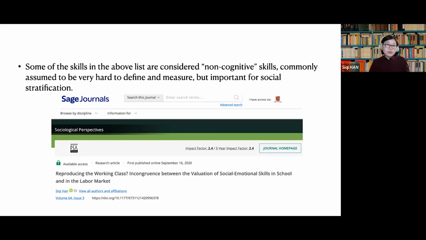Because what the teachers believe are important may not be the same skills that the employers believe are important. So this discrepancy, here I call it incongruence, is very interesting to study.